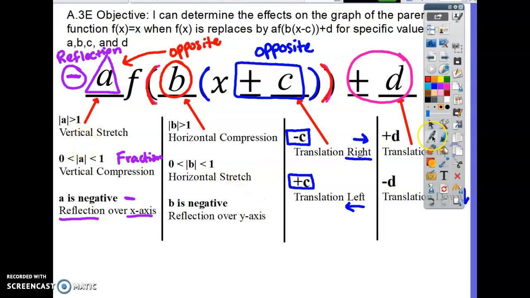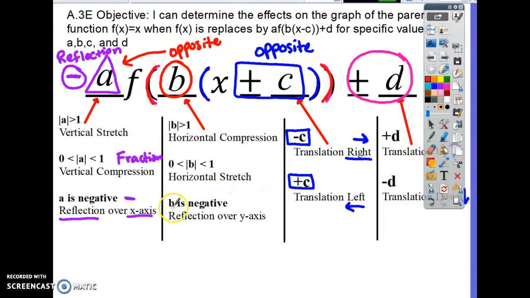So inside, those are called horizontal stretch or compression. If the B is greater than 1, it's going to be called a horizontal compression. If the B is a fraction, any number in between 0 and 1, it's called a horizontal stretch.